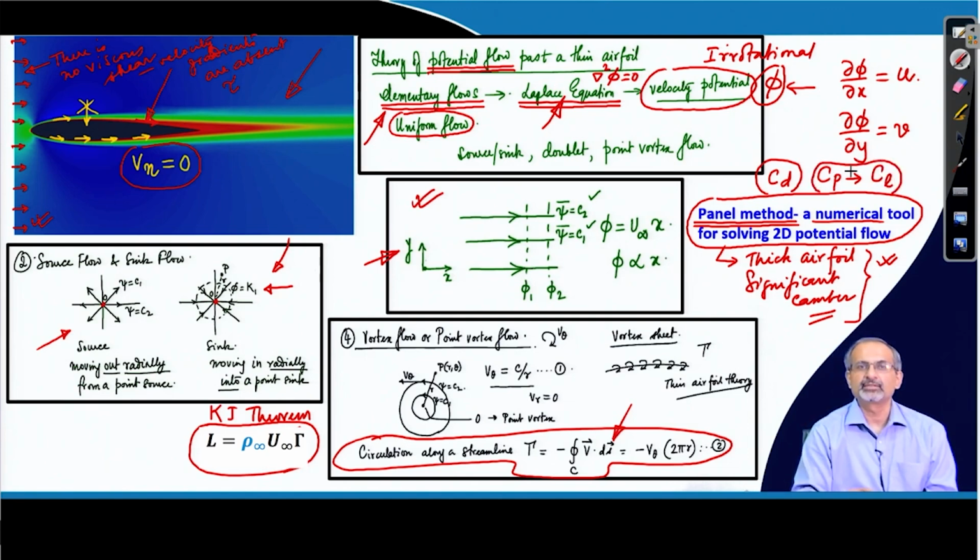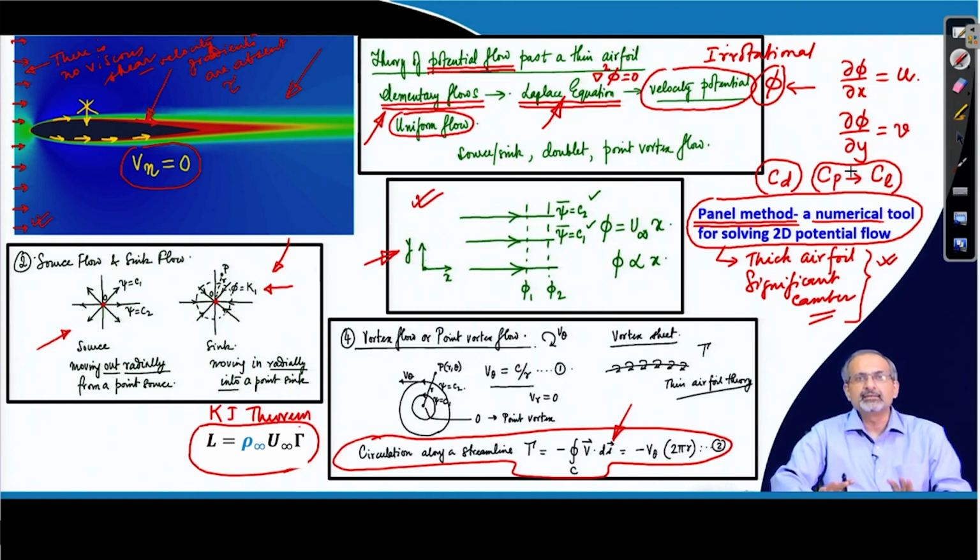and it is found that bodies which do not see much flow separation, that means by and large the flow is attached to the body, in such cases, if you treat the flow to be largely inviscid in nature and you try to approximately solve the problem by considering it to be a potential flow, of course, by neglecting the fact that there would still be a boundary layer, there would still be viscous effects, rotationality, etc., but still try to solve for a potential flow past a geometry like that and try to compare the outcome in terms of the pressure distribution, you would get a reasonably good result, and that is where lies the strength of a model like this.